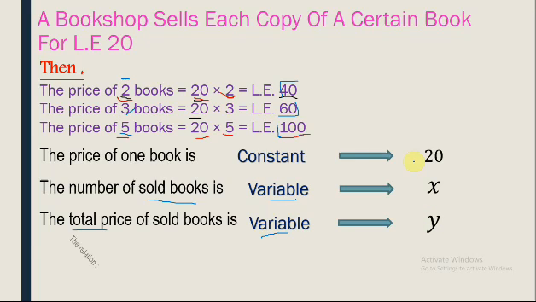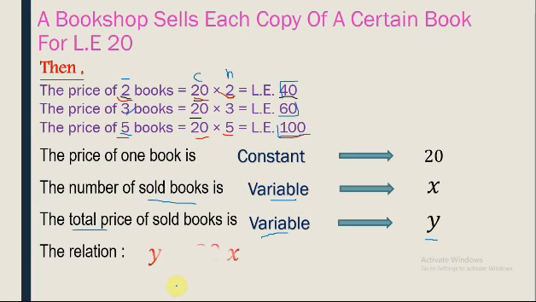We can put them in one relation. Start with the Y, the total price of the sold books. How can I know the value of Y? See here, 20, the constant or the price of one book, multiplied by the variable or the number of books.